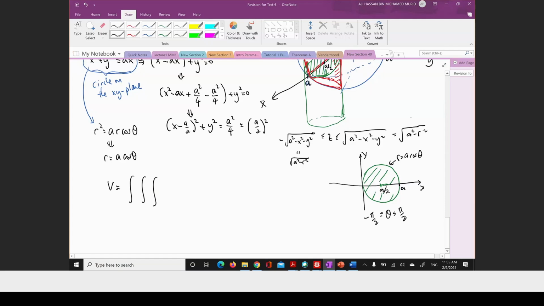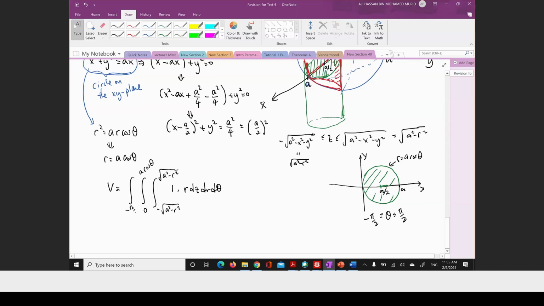So what is the volume in cylindrical coordinate? dv becomes r dz dr d theta. So z is between minus square root of a squared minus r squared and plus square root of a squared minus r squared, and r is between 0 up to a cos theta, and theta is between minus pi over 2 up to pi over 2.